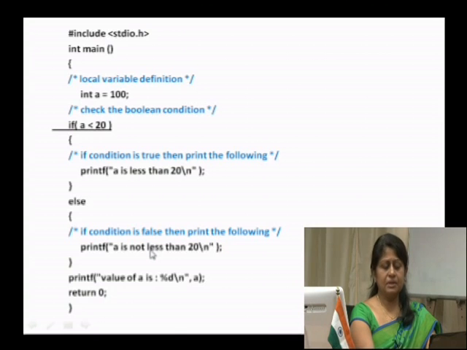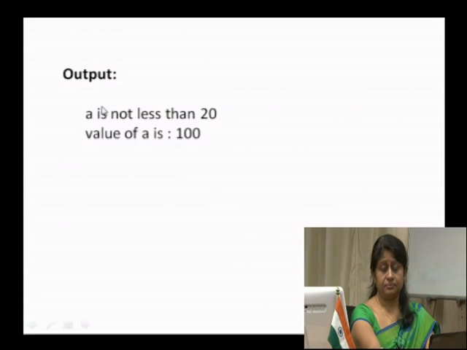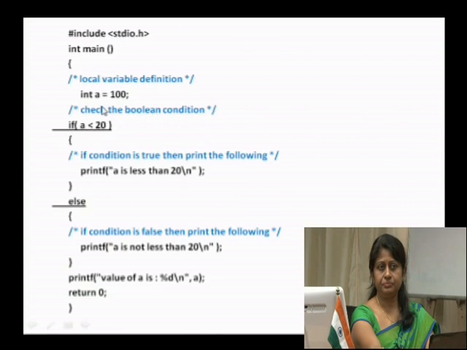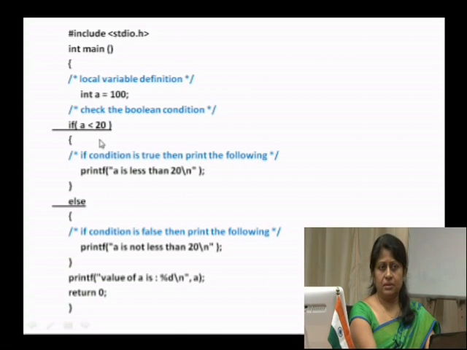Another example dealing with the if-else statement. You have an integer variable which is defined with a value 100. And we are checking the Boolean condition, that is if a is less than 20. The condition is false, so it would not get into the if code.